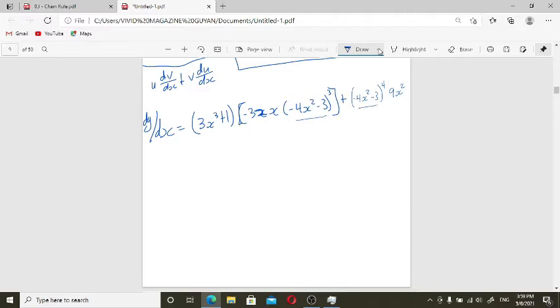What you do is you write minus 4x squared minus 3. Now you need to look for which one has the lower power, which is this one. So we took a cube out, which means for this one there's still one more remaining.